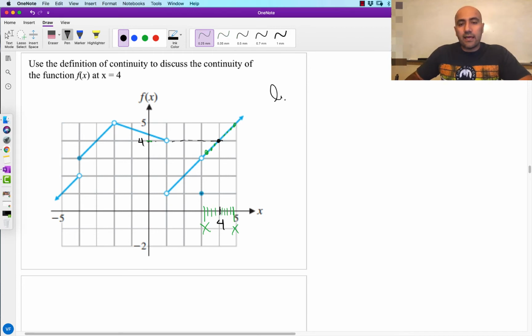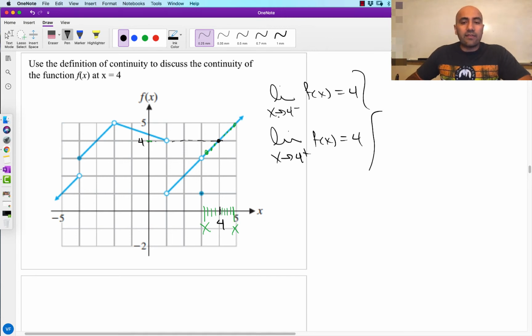So I can say that the limit as x approaches 4 from the left-hand side of f of x is equal to 4. The limit as x approaches 4 from the right-hand side of f of x does equal 4. Because both the left limit and the right limit exist and they equal the same number, I can say the more powerful statement that the limit as x approaches 4, unrestricted, of f of x is in fact equal to 4.